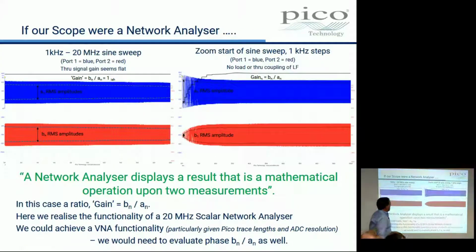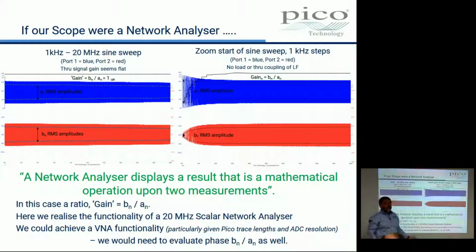So then what I did, the scope doesn't process the data for me here, but if I take the RMS amplitude of the input and the output, and I plot it as the B wave over the A wave, so every frequency, B1 over A1, B2 over A2, and I plot it, it's a line that's pretty flat.